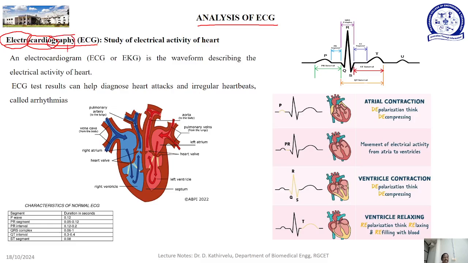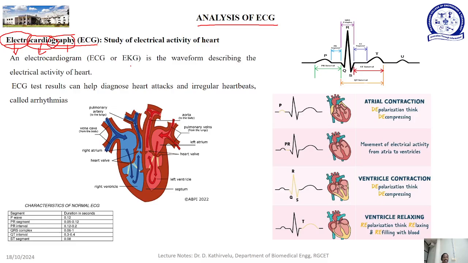So graphy is study, cardio stands for heart, and electro stands for electrical signals. Study of the electrical activity of the heart is called ECG. We use an instrument to study the electrical activity of the heart, which is called an electrocardiograph.